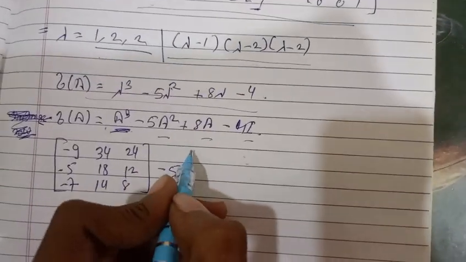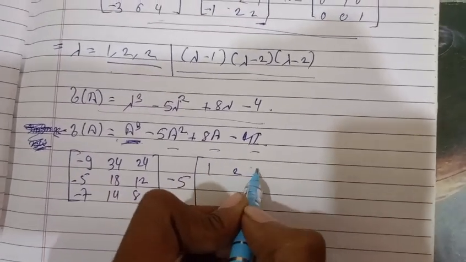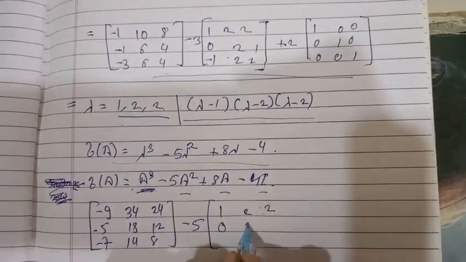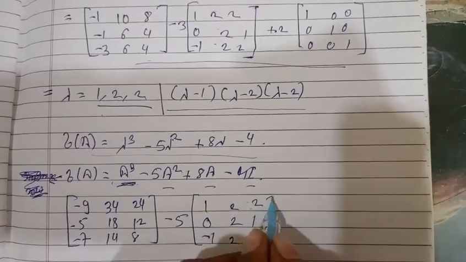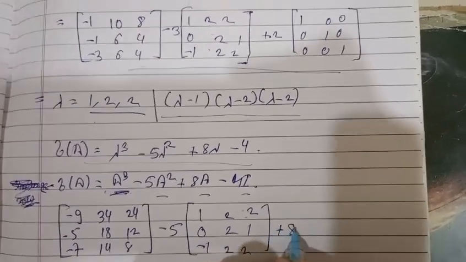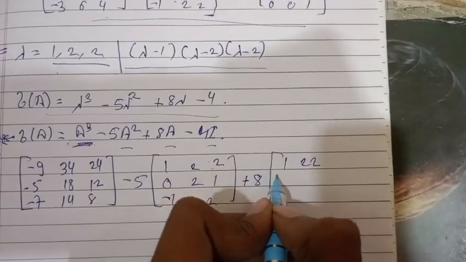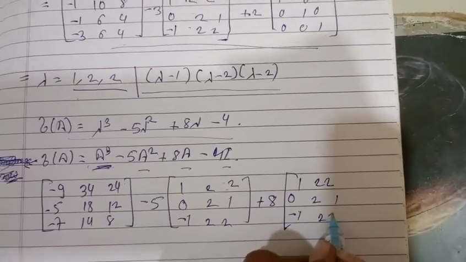I simply go to bracket, give that a value, put 1 and 2 2, 0 2 1, next minus 1 2 2, as the next value the same plus 8, and bracket of the same value 1 2 2, 0 2 1, minus 1 2 2.